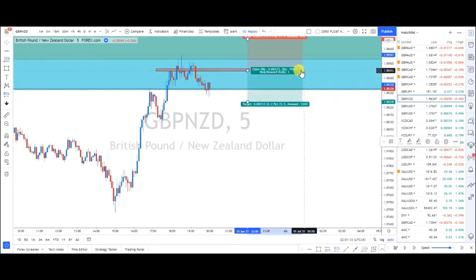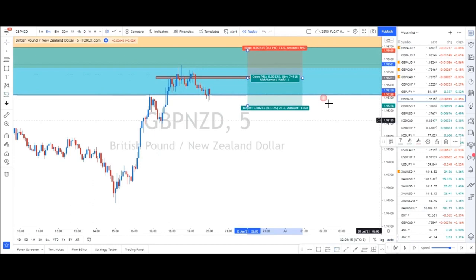First, I'm going to calculate the risk, guys. The risk from here to here, the head of the QM, is only 10 pips. So I'm going to set 15 pips. But since the GBPNZD has a higher spread on the standard account, better to be safe at 20 pips. So I'm going to put 20 pips.